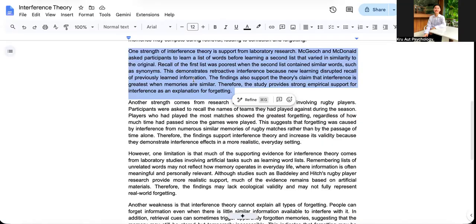Okay, this demonstrates, we need to explain now, retroactive interference because new learning disrupted recall of previously learned information. The findings also support the theory's claim that interference is greatest when memories are similar. So that's why we want to refer to the group that learned synonyms. And we can be specific here that it's retroactive interference, not retrograde.